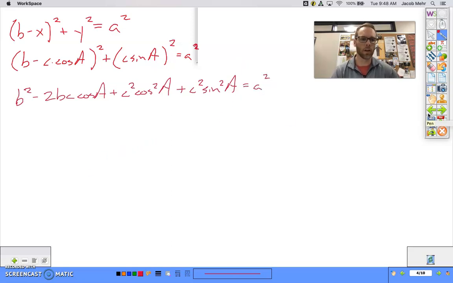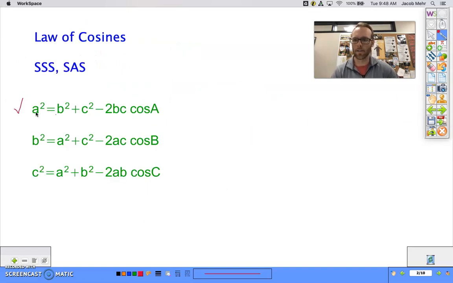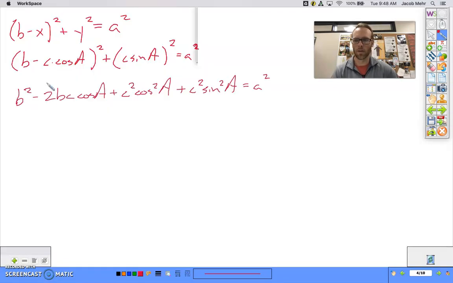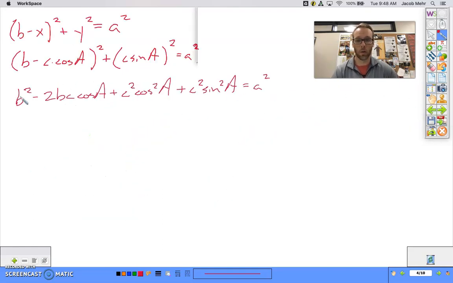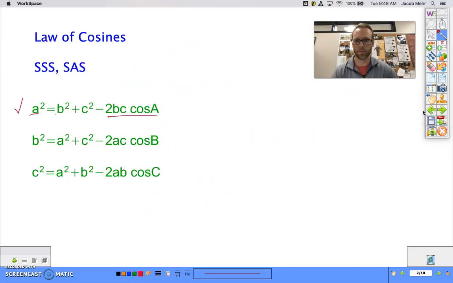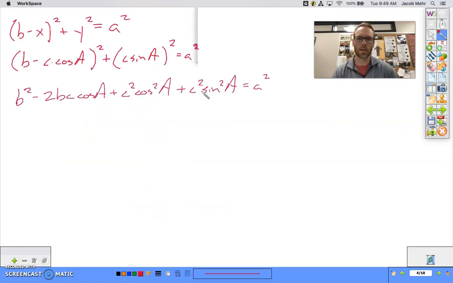All right, so let's look at that law of cosines. We have the a squared part. Notice I have a minus 2bc cosine of A. I have this part. We also have a b squared. What about this part? I don't see just a c squared there. But what I do see is the c squared in both of these terms. So what if I factored out the c squared in both of these terms?